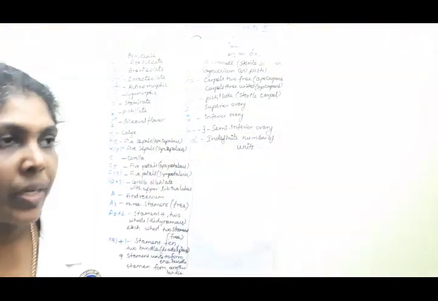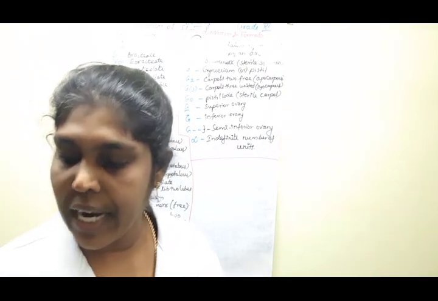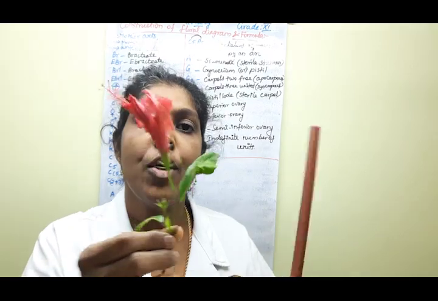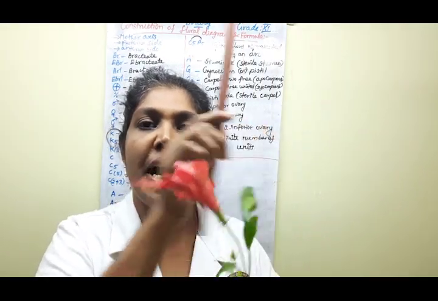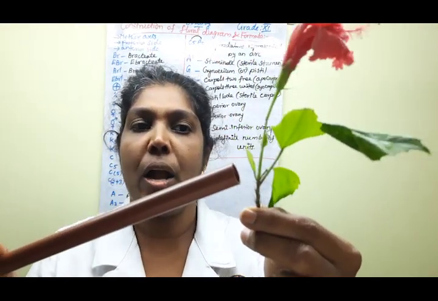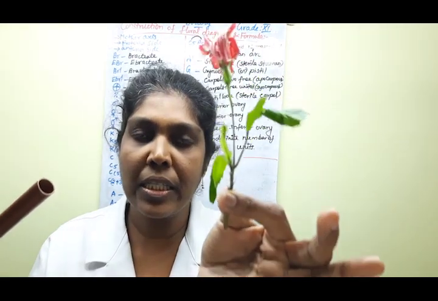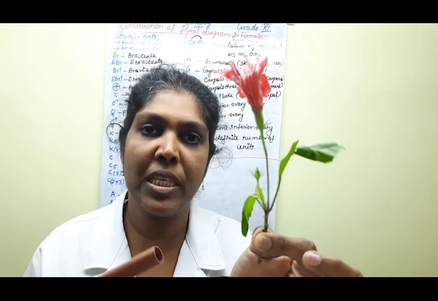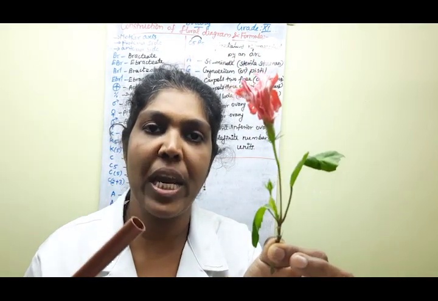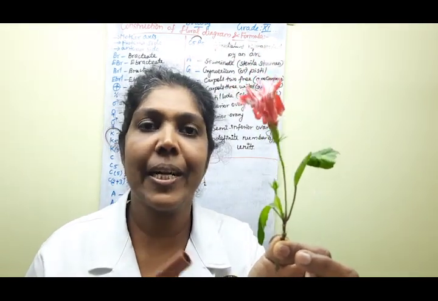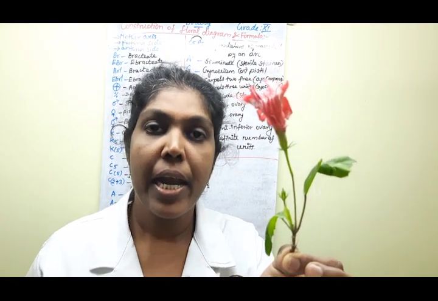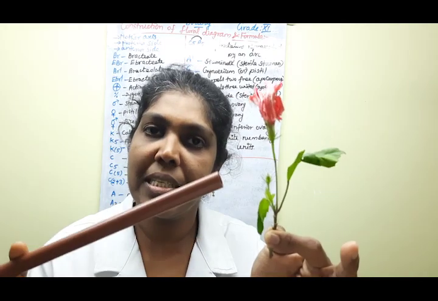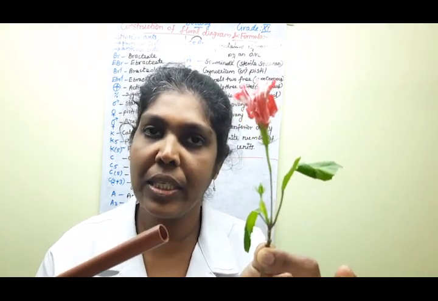First, if we look at this flower, first you identify the bract of the flower. If the bract is present, first you write the letters BR. BR denotes that the flower has a bract. Understood, children?